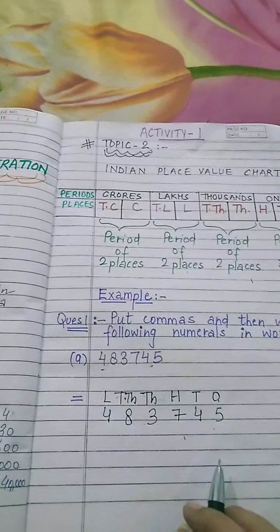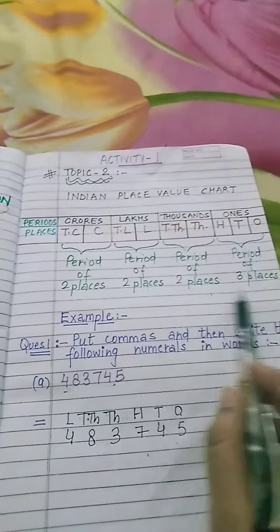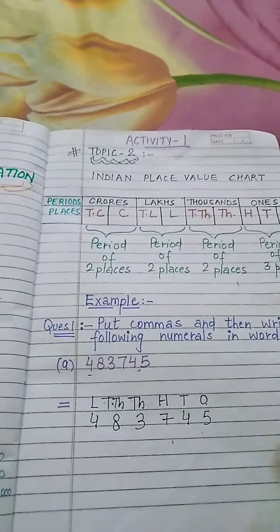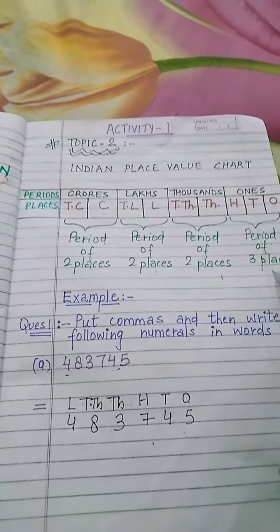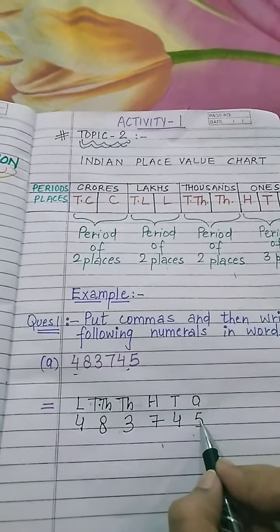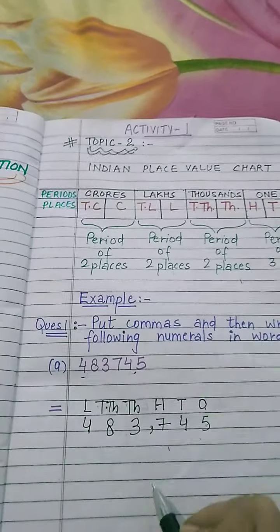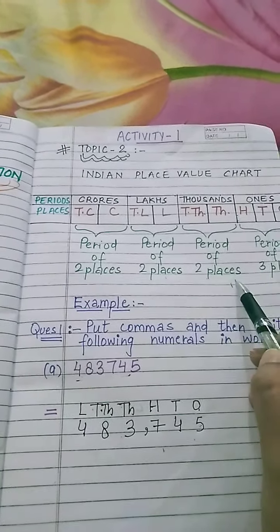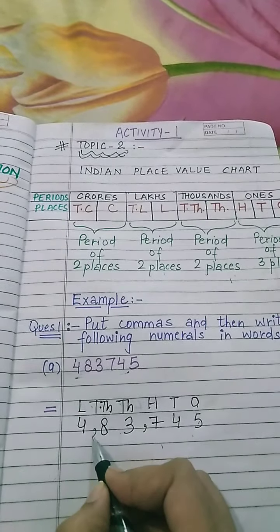As I told you earlier that in Indian place value chart, each period is separated by putting commas. So we can see that ones period is a period of 3 places, so we will put first comma after 100. So in this question we'll put first comma after 7. Now thousand period is a period of 2 places, so we'll put the next comma after 10,000.